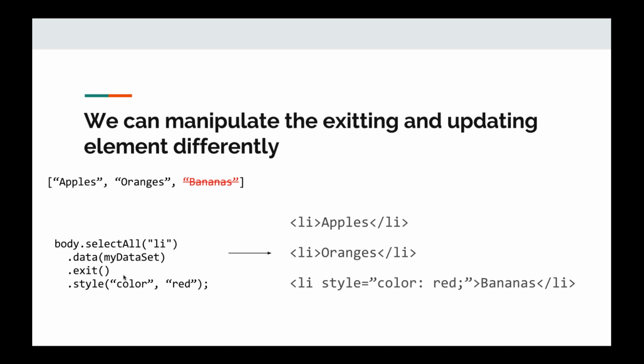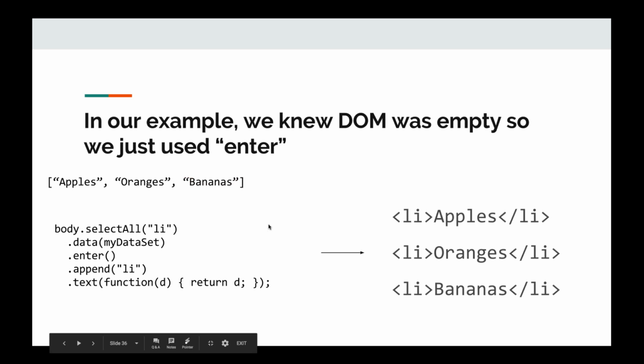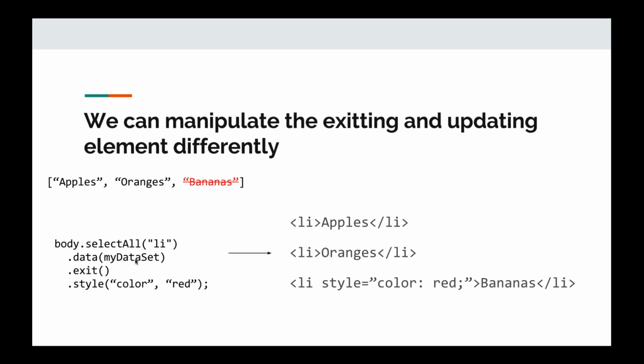Now, in reality, we can manipulate this and actually do different things for exits and updates, which becomes important for things like animation, like animating between states. So let's say that I have this example above, and I want to update it with bananas gone. So I just feed it apples and oranges as the dataset with no bananas in it.